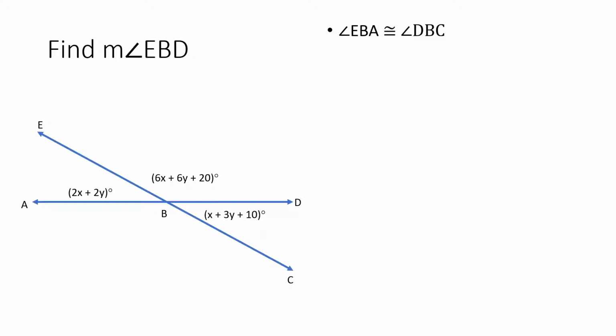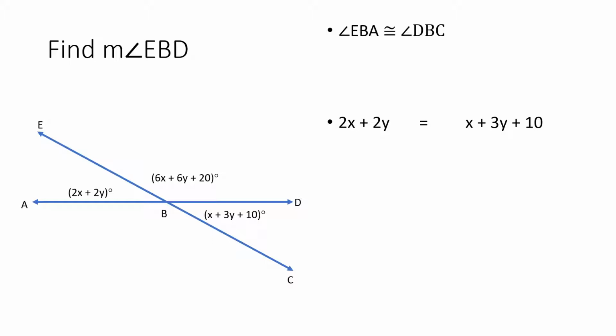So if those two little angles are added to the same thing and come out with the same sum, namely 180 degrees, then those two smaller angles must be congruent to each other, must have the same degree. So we know that angle EBA is congruent to angle DBC.